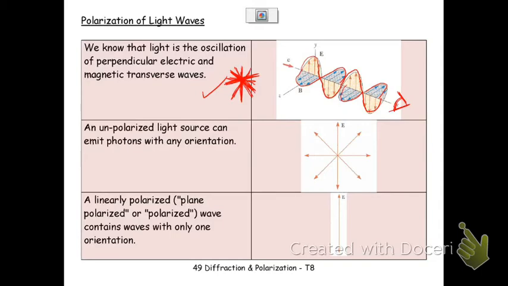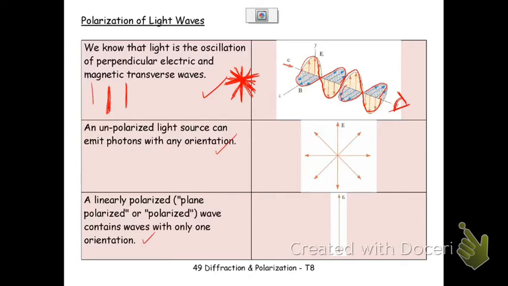An unpolarized light source can emit photons from any orientation. A linearly polarized wave, sometimes called plane polarized or simply polarized, contains waves with only one orientation. So what we've done here is we've said, okay, we're only going to allow through photons which have that same orientation. They can be separated in space.